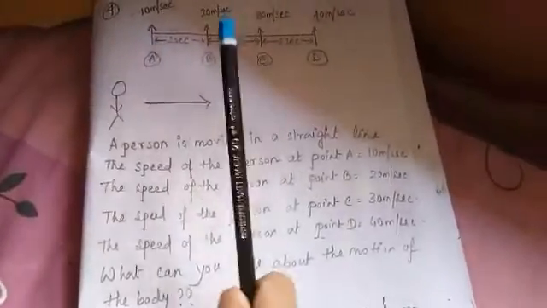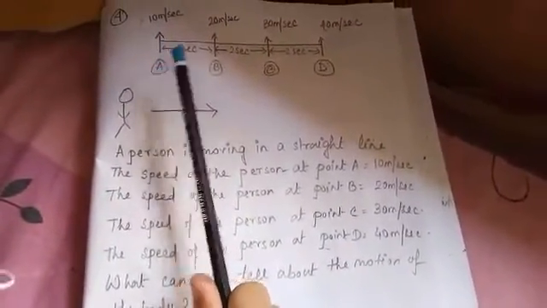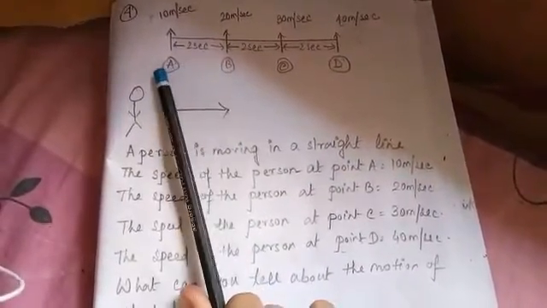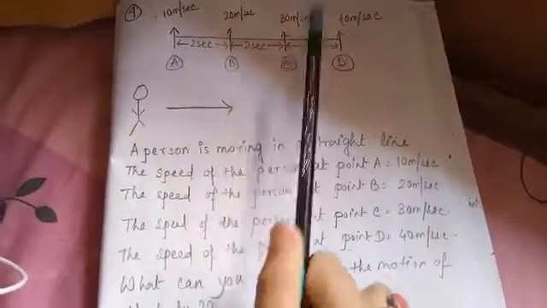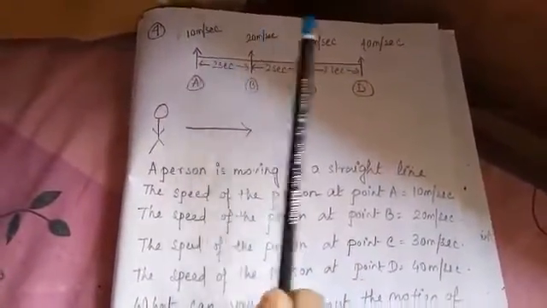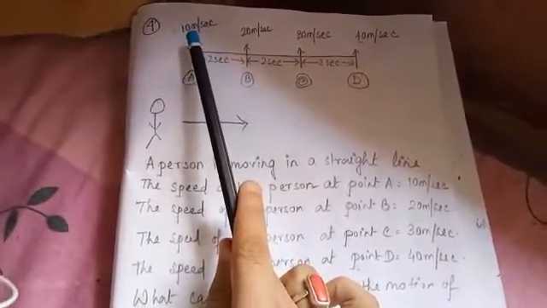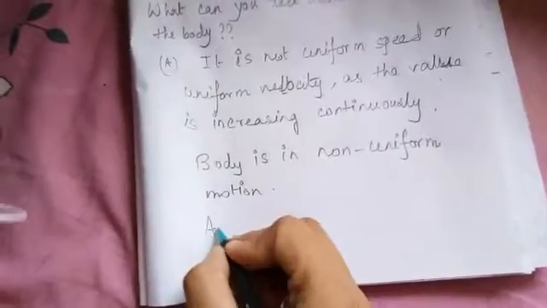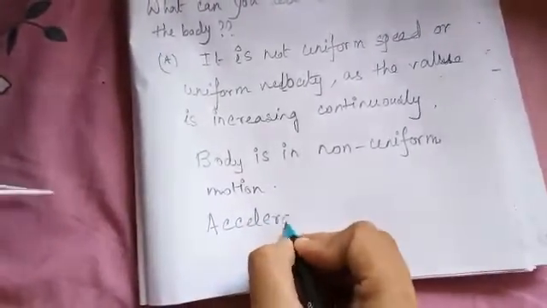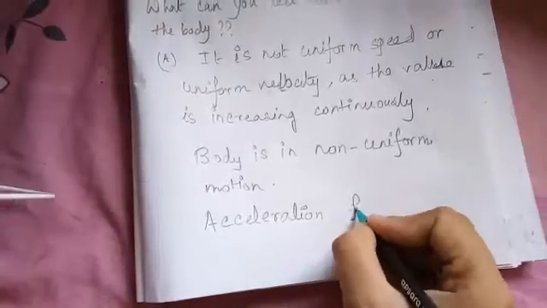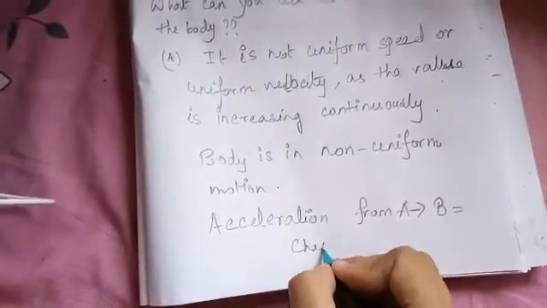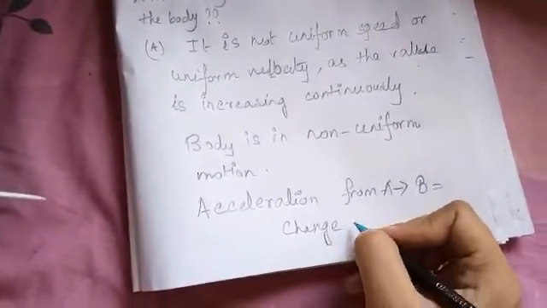Now let's check whether the acceleration is uniform or not. To check the acceleration, first take the difference from A to B, the change in velocity and the time difference. The velocity of 10 meters per second was the initial. After 2 seconds at point B the velocity was 20 meters per second. So acceleration from A to B is the change in velocity divided by time, because acceleration is the rate of change of velocity.